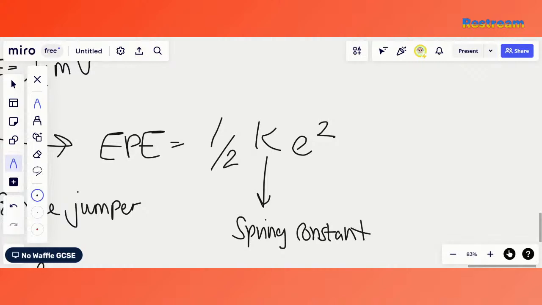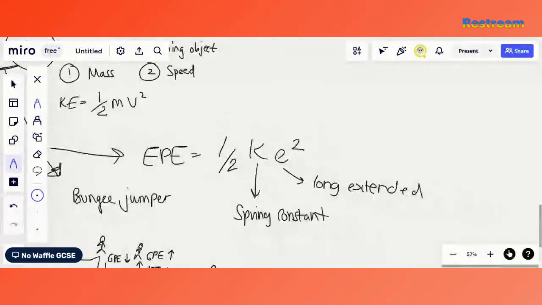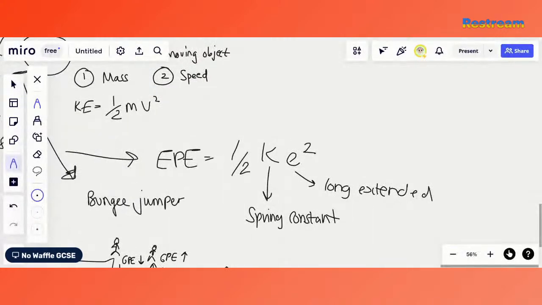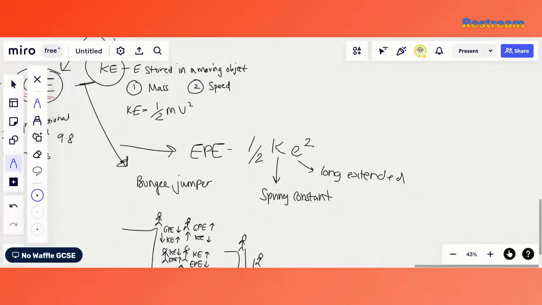It's a value that determines for the spring the limit of its proportionality. And the extension is how long it's been extended. And there's a required practical regarding elastic potential energy, which we will look at soon. Okay, so that's energy stores.